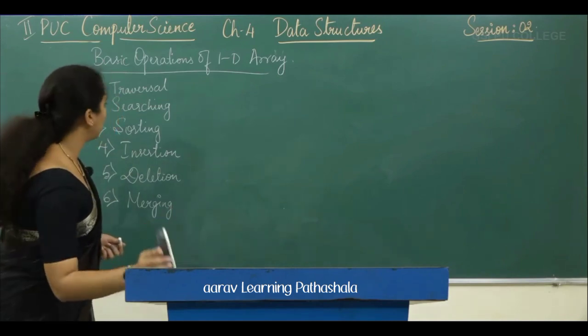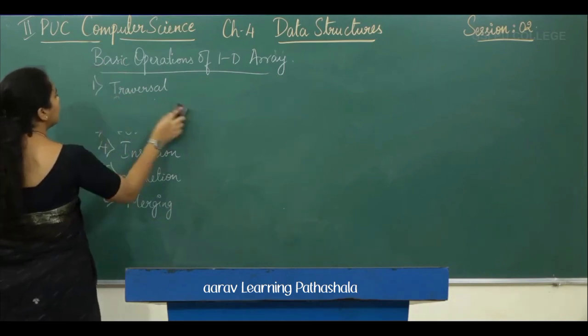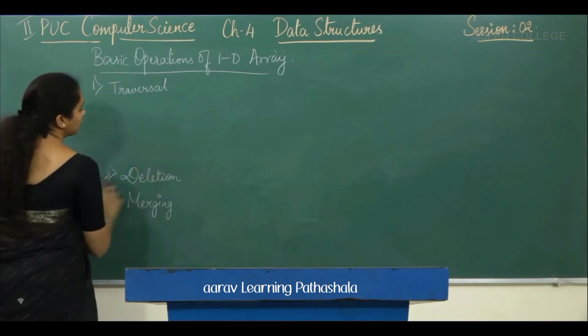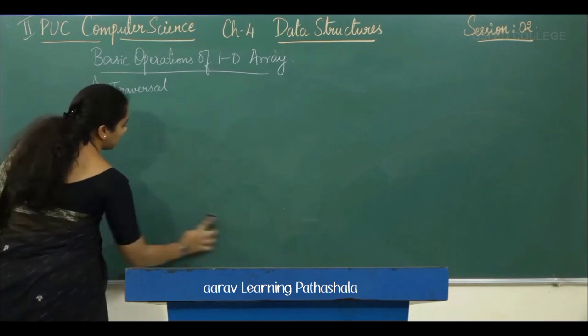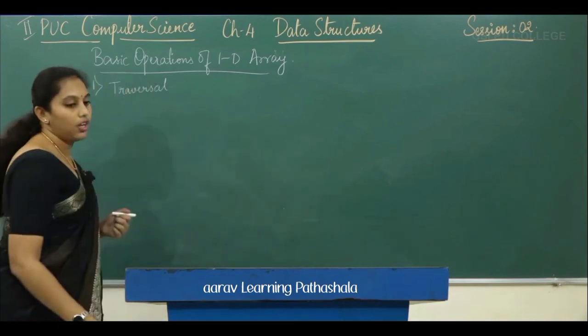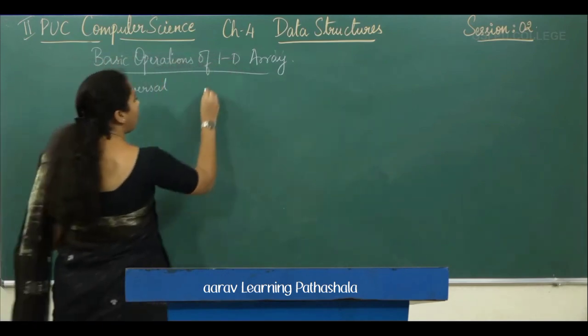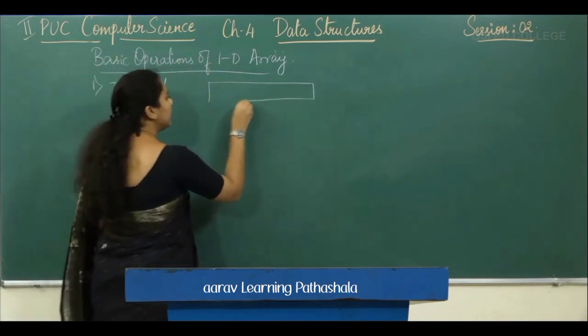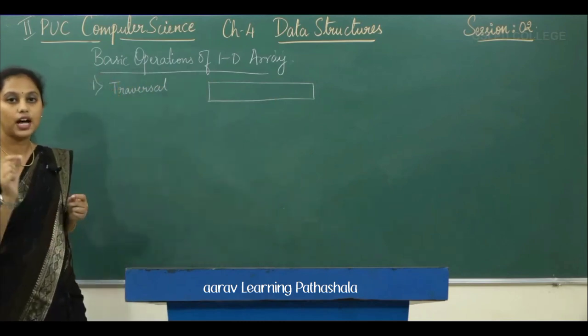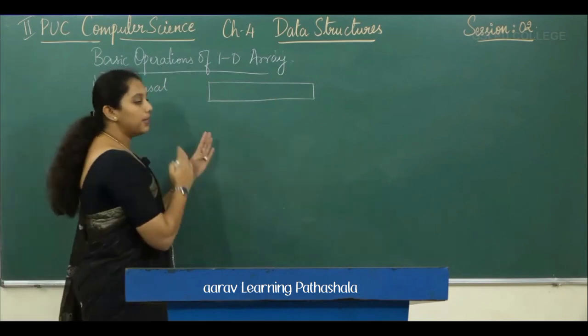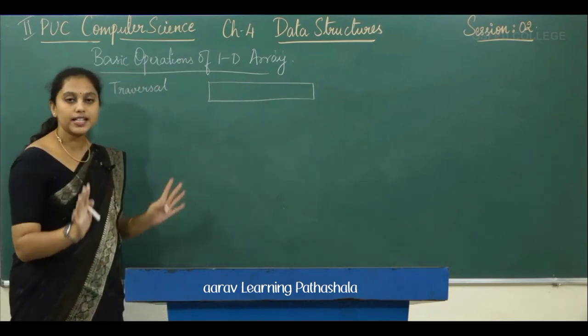The first operation is the traversal operation. What is the meaning of traversal? Traversal is the process of visiting each element of an array from the beginning till the end exactly once.